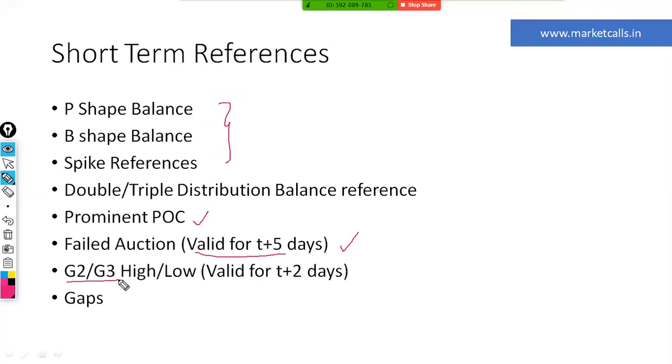Again, G2, G3, these are not part of classical market profile, but these are based upon our own observations at market calls. So these are proprietary patterns of market calls, where the G2, G3 highs and lows are again short-term references, but these references are valid only for T+2 days.